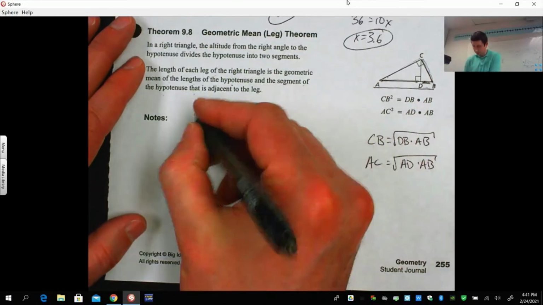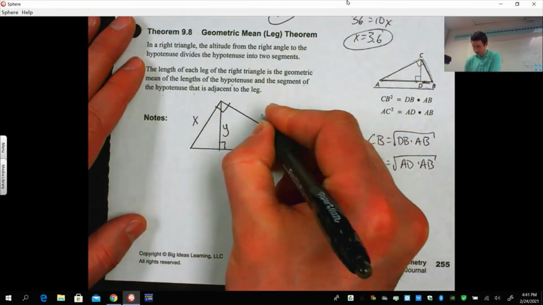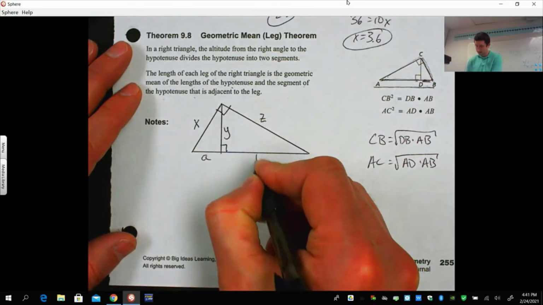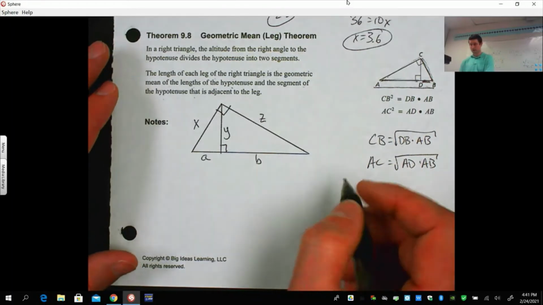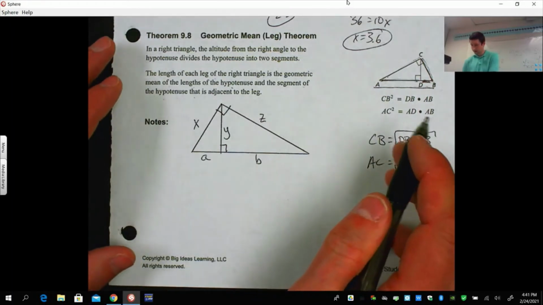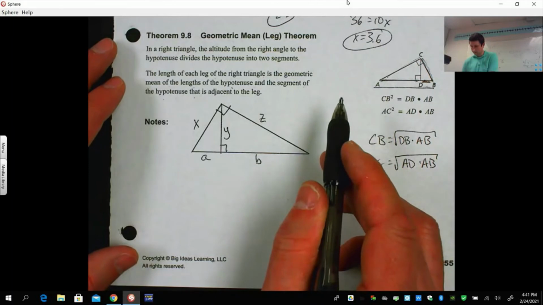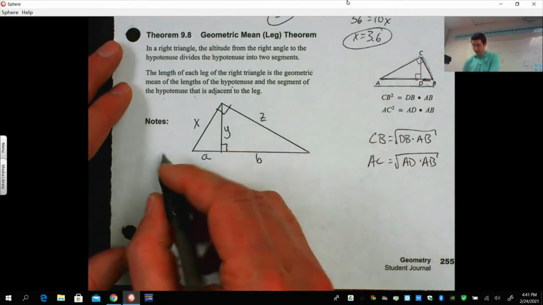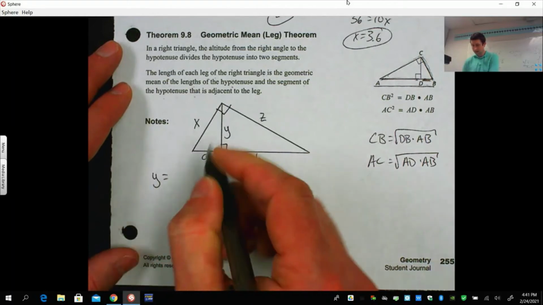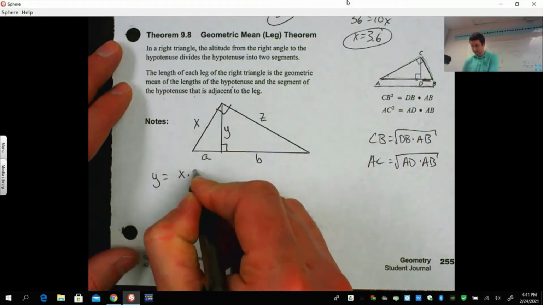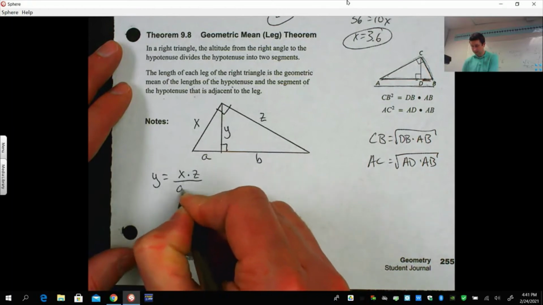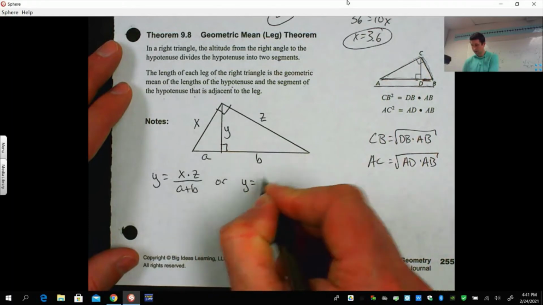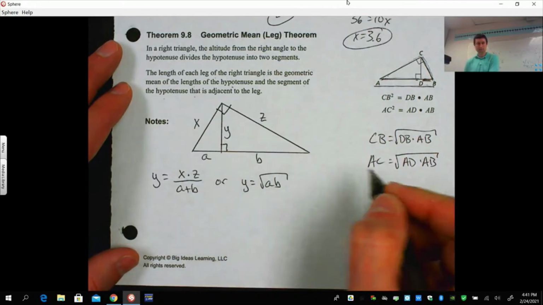I want you to label these parts up here X, Y, and Z, and I'm going to label these parts A and B. So here are our four formulas that we know. If you're looking for Y, Y can equal X times Z divided by A plus B, or Y can equal the square root of A times B.